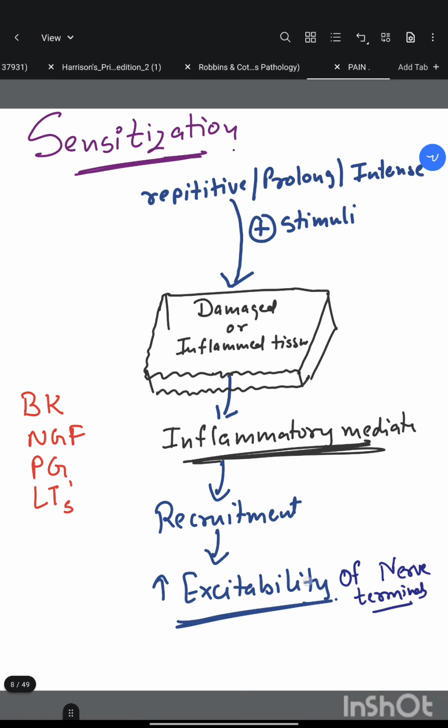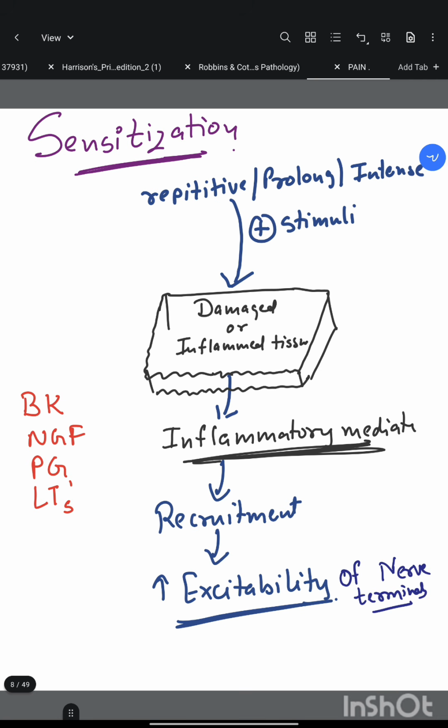So the first thing, primary afferent nociceptor activation, is done. The second thing is sensitization. But first, understand the terminology. Sensitization basically means, imagine we got hit by that stone on our great toe.